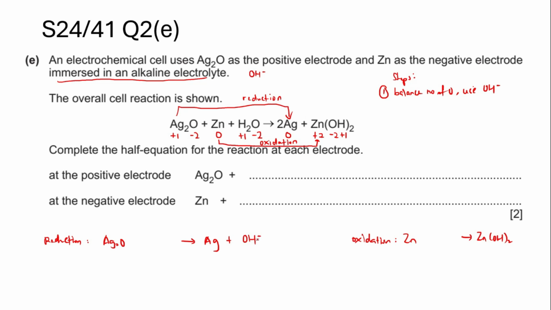Right. After adding hydroxide ion to the right hand side, I realize that now left hand side lacks 1 hydrogen. So step number 2, to balance the number of hydrogen, I'm going to use water. Because alkaline electrolyte means inside that electrolyte we have hydroxide ions, we also have water.